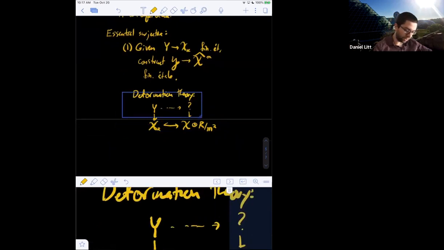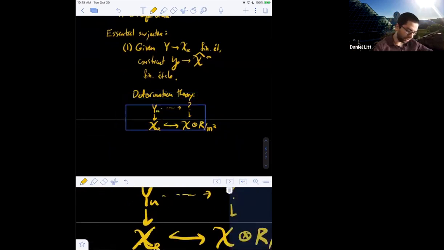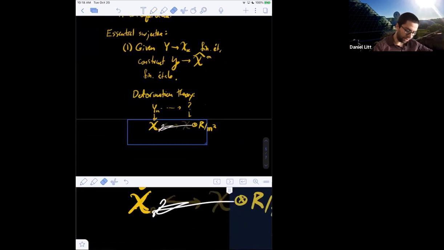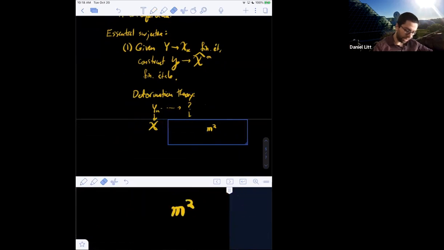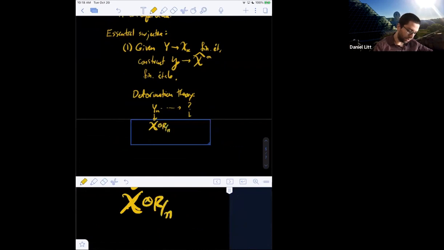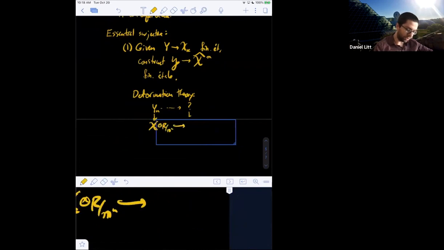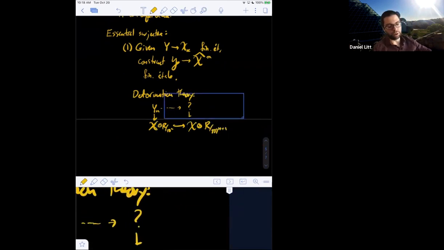And in general, let's say we have a Y_n over X tensor R mod m^n. Well, this lives inside of X tensor R mod m^(n+1), and we might want to fill in this diagram.